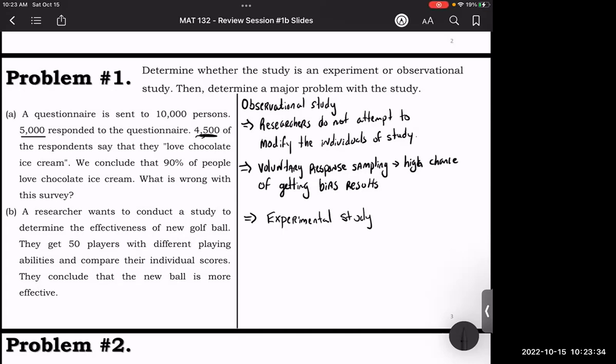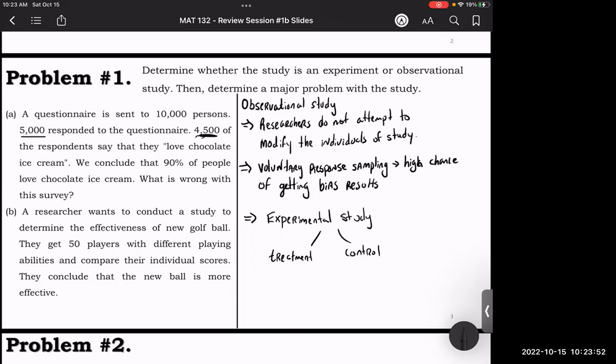So, in an experimental study, you have two groups. You have the treatment, and you have a control group. Some of the individuals go into the treatment. Some of the individuals go into the control.